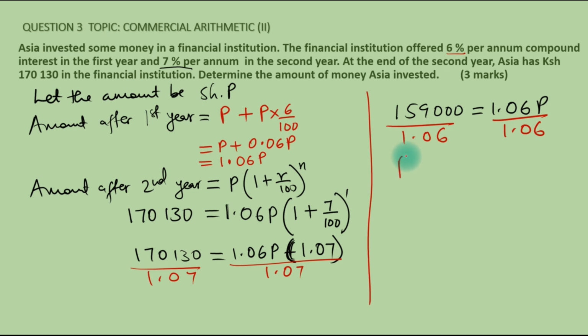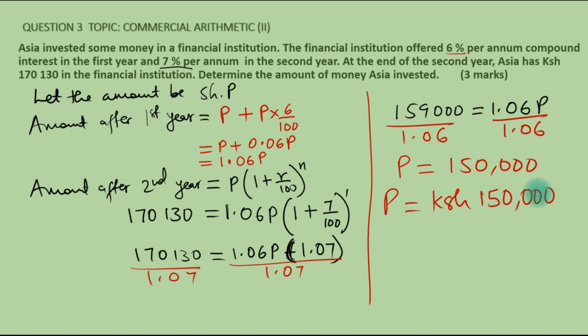So P we shall get as 150,000. So determine the amount of money Asia invested. So P, that's actually the amount of money that Asia had invested in the financial institution.